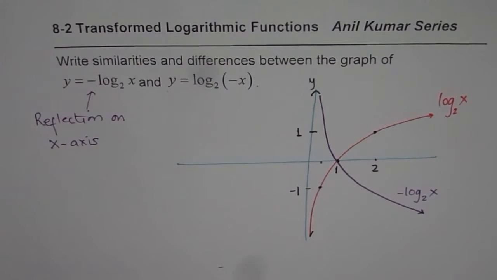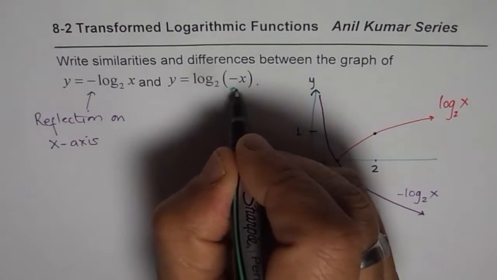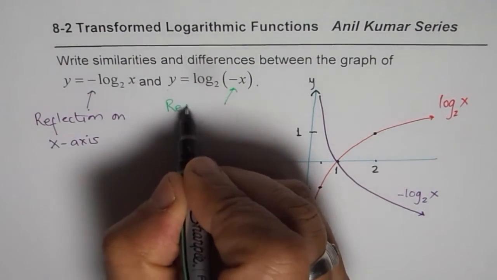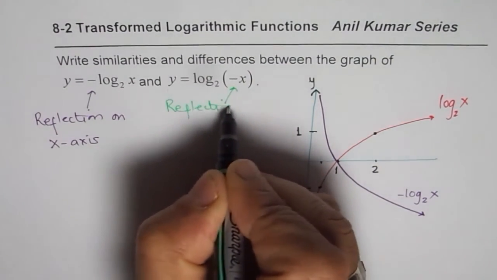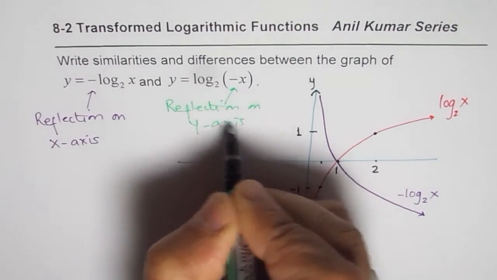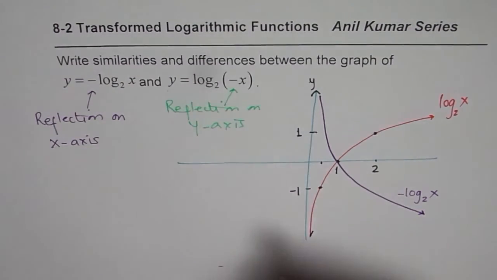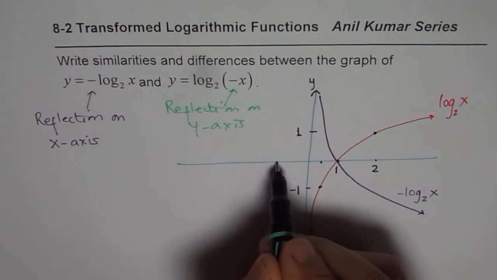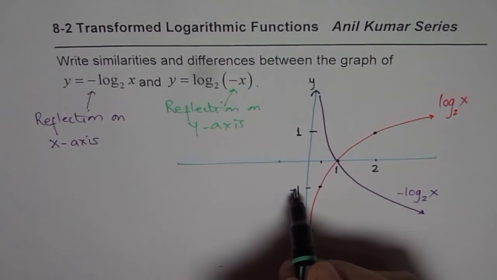Do you get the point? The other function, on the other hand, is a reflection on y-axis, correct? Now this function here is reflection on y-axis. So this is horizontal in nature. So if you reflect this on y-axis, then all these points will come on this side.